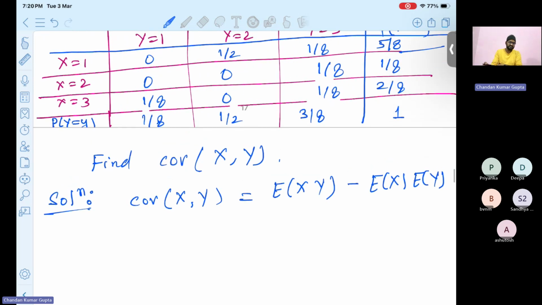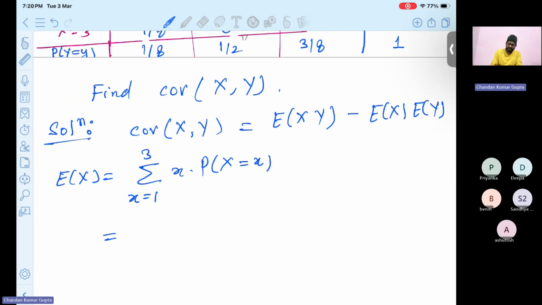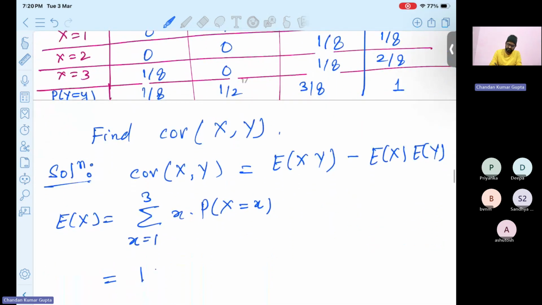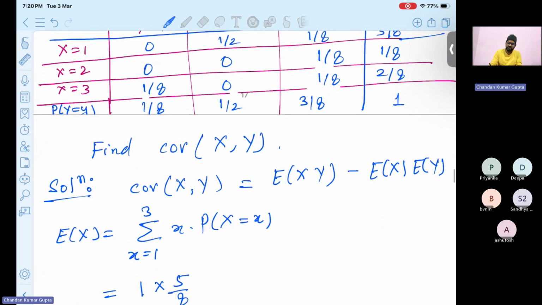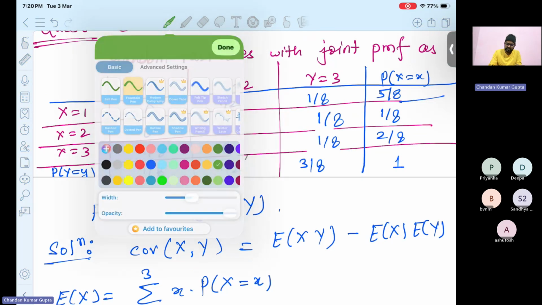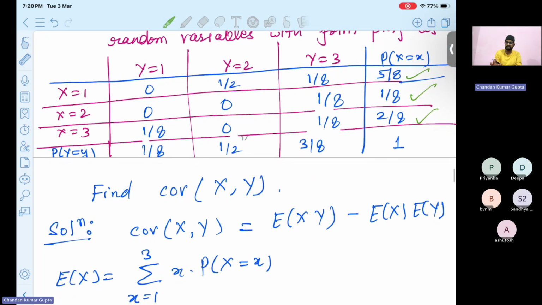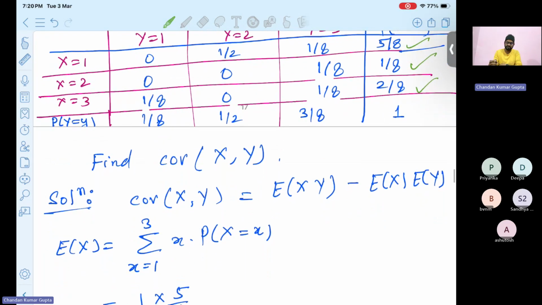Now let's first calculate the expectation of X. X goes from 1 to 3, x times the probability that X is equal to x. For x equal to 1, the probability is 5/8, so 1 times 5/8, because we are considering the marginal distribution. This is 1, this is 2, this is 3.